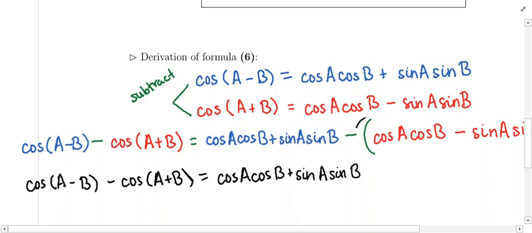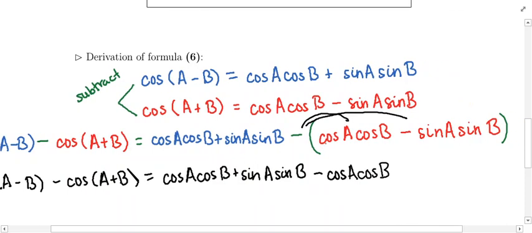And then you need to do the distribution of the negative sign. So we'll get negative cosine of A cosine B, and then minus times minus will give me a positive sine A sine B.